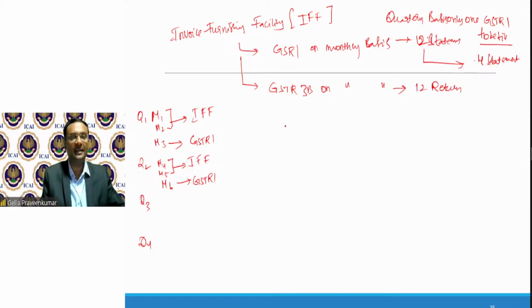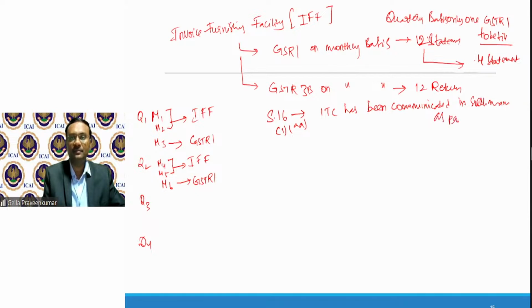Invoice Furnishing Facility. All of you are aware, when you read the provisions of section 16, there is a provision, subsection 1, clause A, where they say, ITC has been communicated in such manner as prescribed.